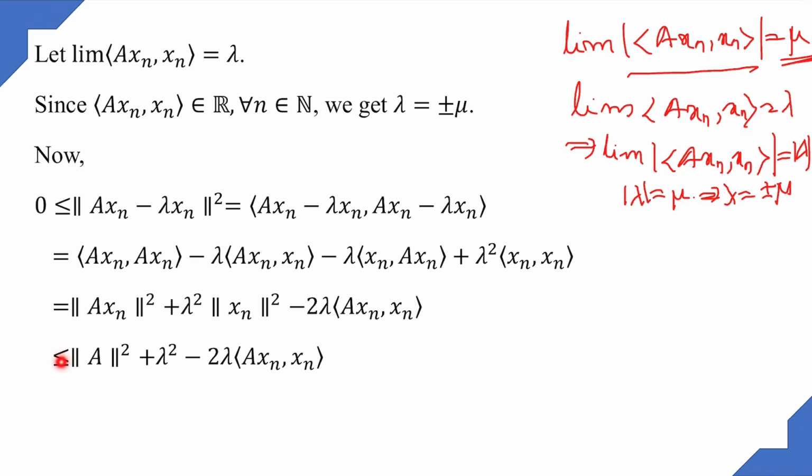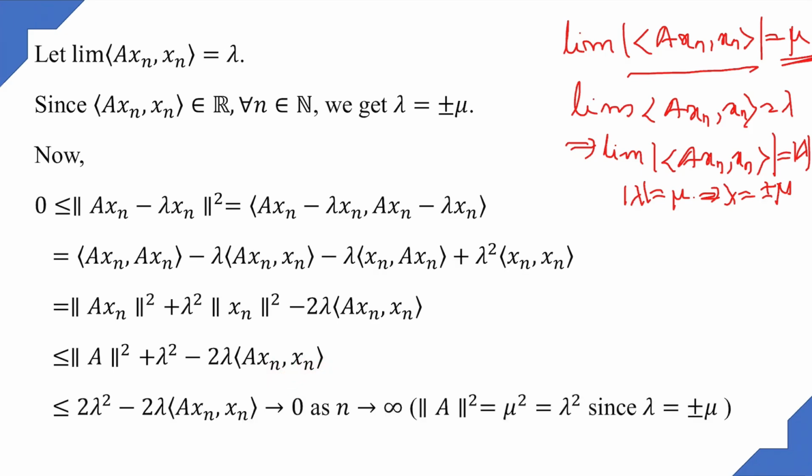And this is less than or equal to, since we know that norm of Axn is less than or equal to norm A times norm xn, and norm xn is 1, norm of A squared plus lambda squared minus 2 lambda inner product Axn, xn. And norm of A squared is nothing but mu squared.